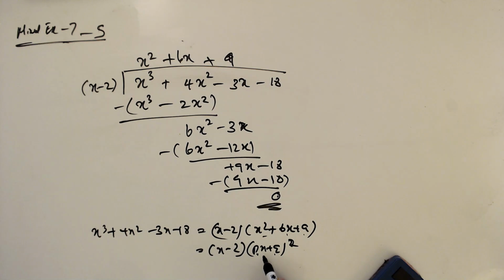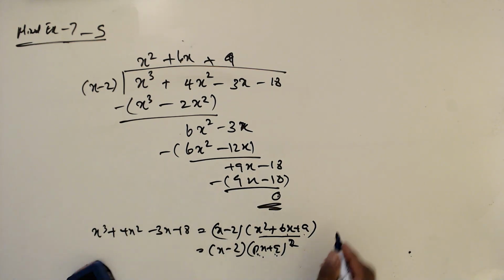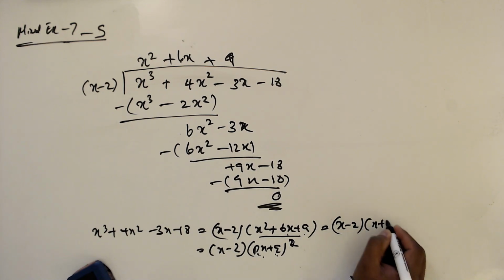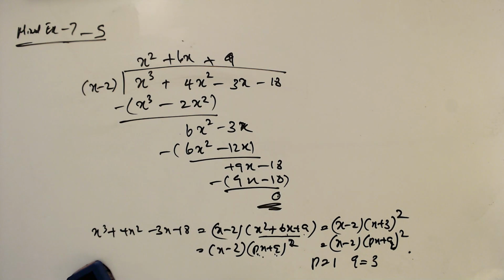I'm guessing we can write this term with the square. So I can rewrite this one: x minus 2 times x plus 3 squared. It means x minus 2 times px plus q square, p equal 1 and q equal 3.